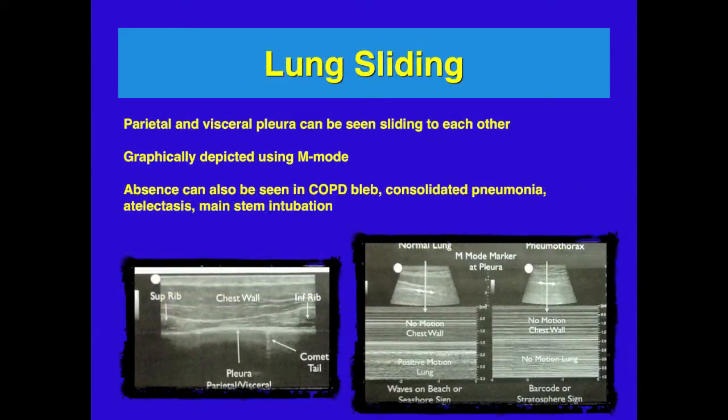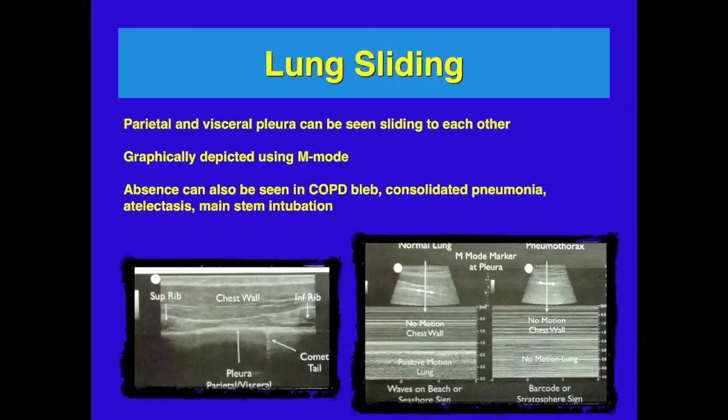You can also graphically use the M mode, although with newer machines and saving techniques, we actually just save the clips, so M modes are less useful now. You may hear from other educators about two different things, called a beach sign or a barcode sign.